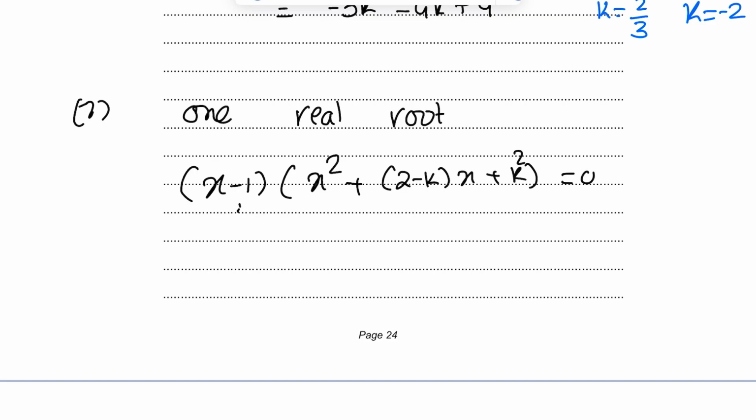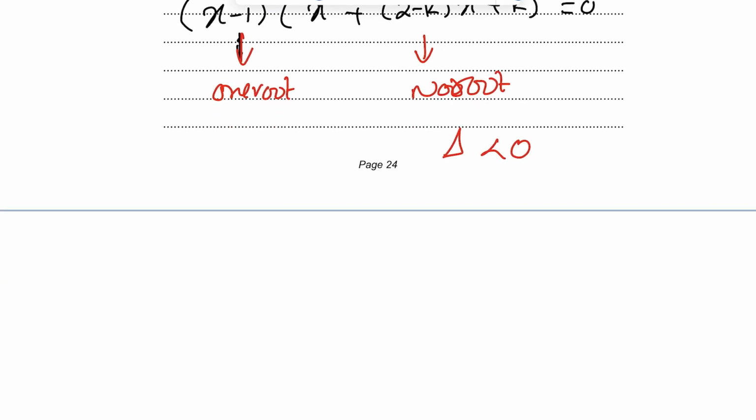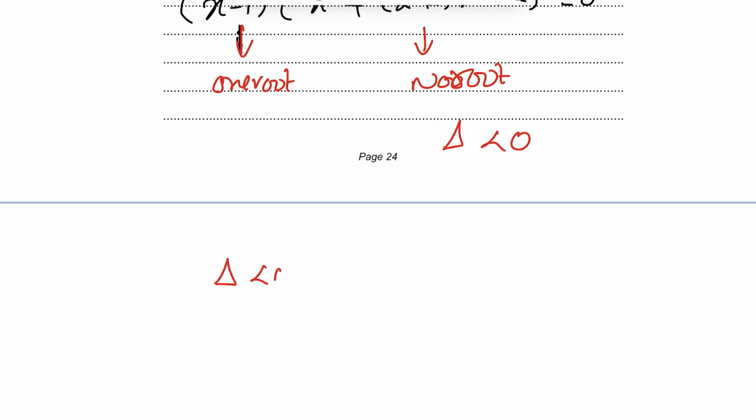So already one root is this one. This is already one root. So this should have no root. If this should have no root, it means delta should be less than 0. So delta is less than 0 means k is less than negative 2, k is greater than 2 upon 3.